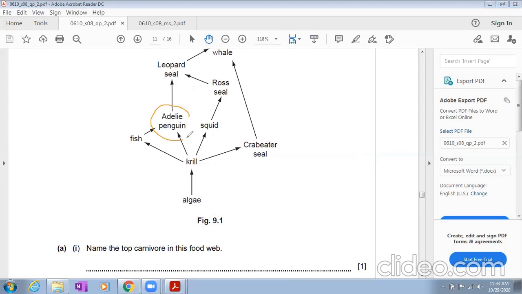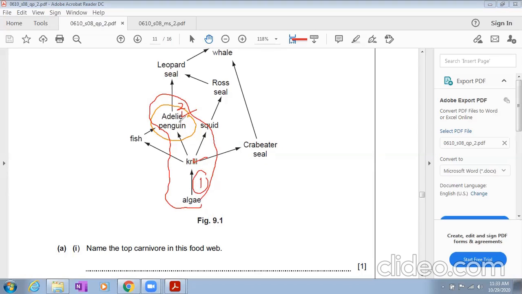This one, right? See, here this one occupies two food chains. In one food chain, the primary consumer is this, so the secondary consumer is this. So in food chain one, this penguin occupies the secondary consumer position.